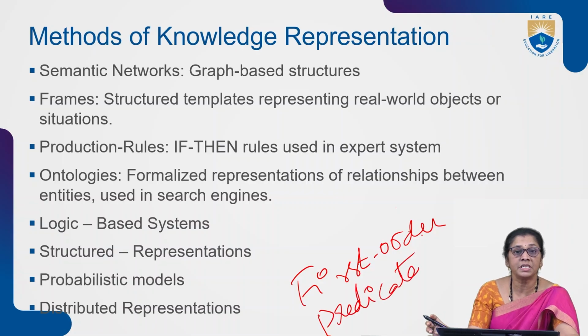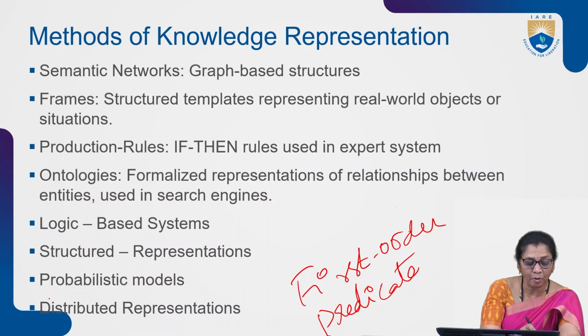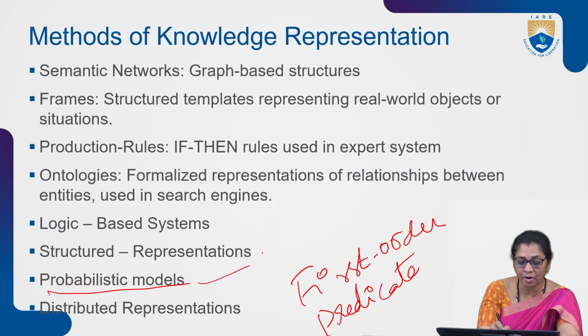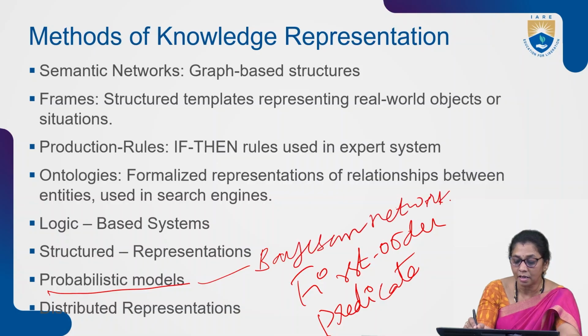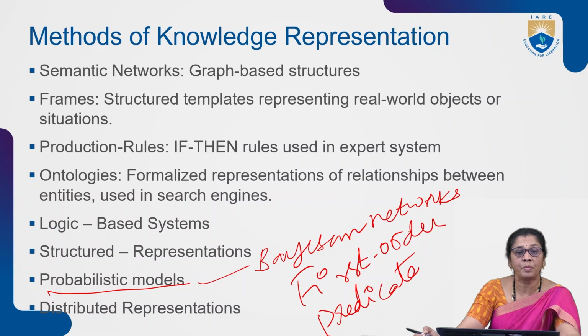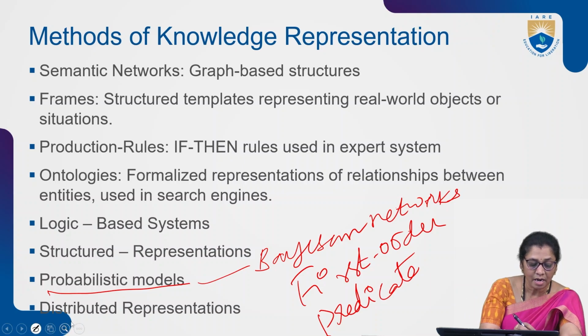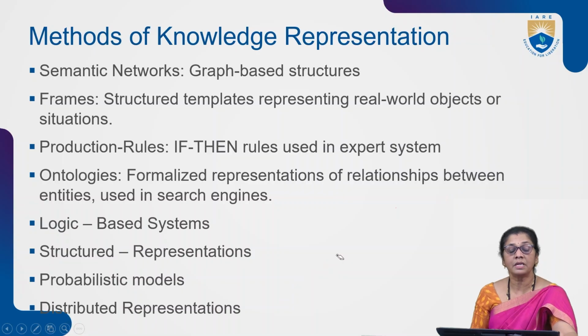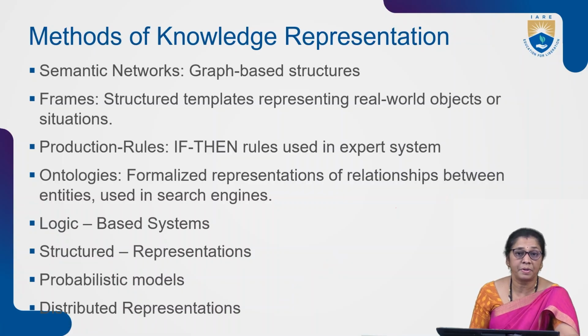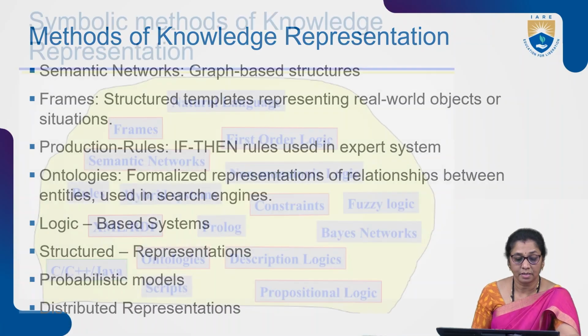Next, structured representations and probabilistic models, where probabilistic models will be using Bayesian networks, and hidden Markov models are also probability models. Next are the distributed representations. These all come under the different knowledge representation methods.